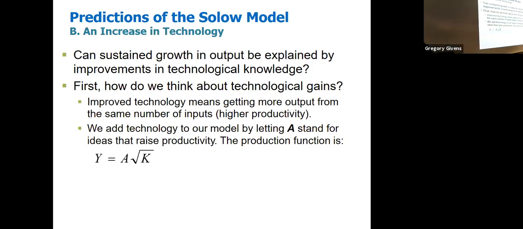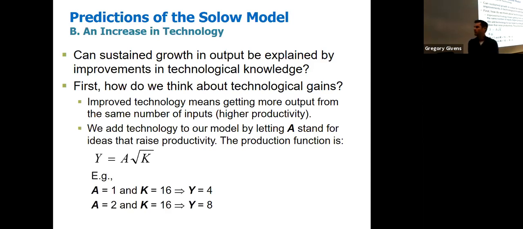Imagine for a moment that the production function looked like this. Output is equal to A times the square root of K, where A is this kind of index that summarizes the state of technology in our economy. What have we assumed thus far? That A is just equal to 1, right? And we've kind of ignored it in our analysis.